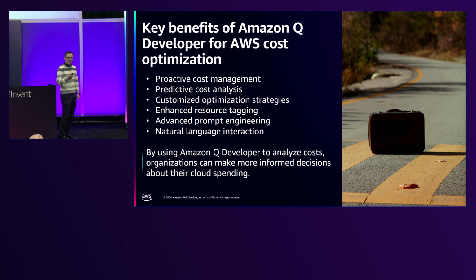So what have we learned? First, there are some generative AI solutions regarding cost, but they mostly target the enterprise. They are very expensive. Amazon Q Developer is easy to get started. So if you're a customer, then just get started and ask simple questions, and you will be surprised how good the responses you may get.